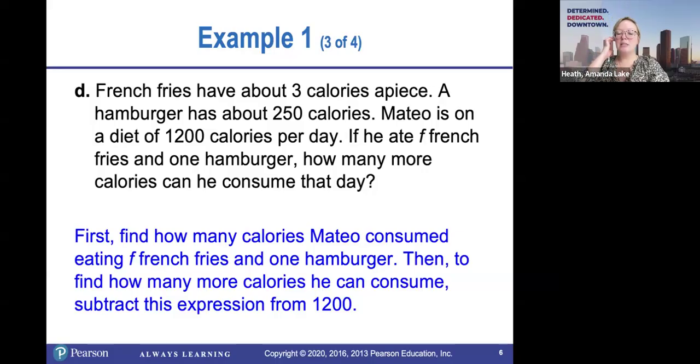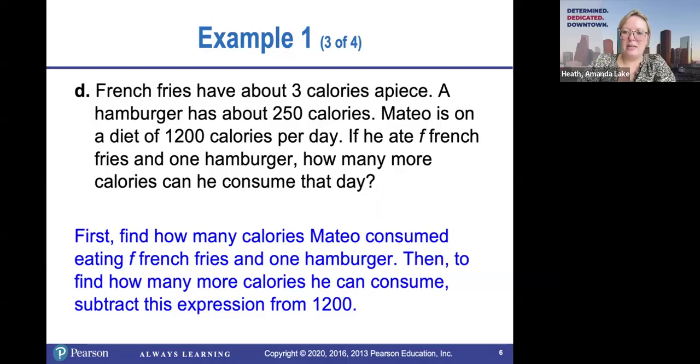So his total needs to be 1,200, and the number of French fries is F. So the total calories from French fries is going to be 3F plus the 250 calories from the hamburger. And to figure out how much he can have the rest of the day, we can subtract this number from 1,200.